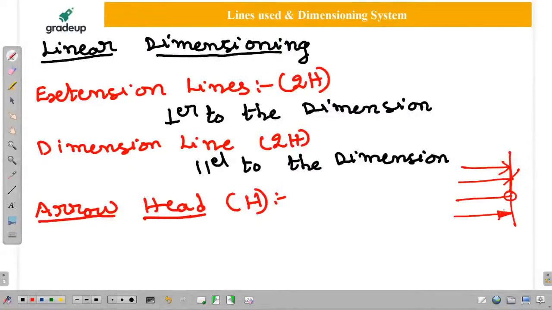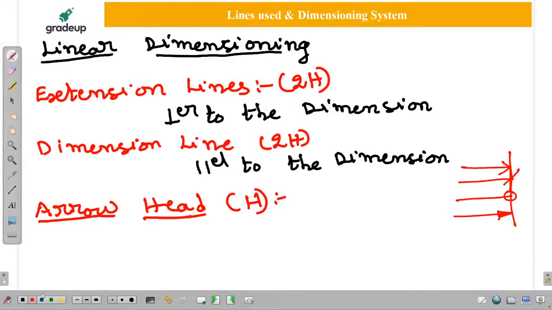Among these four, 1, 2, 3, 4, which is correct? Yes, correct, the fourth one, Siri and Vishal. Actually, if you observe, some books give this also. No, the first one is not correct, Twinkle, because it is not filled.